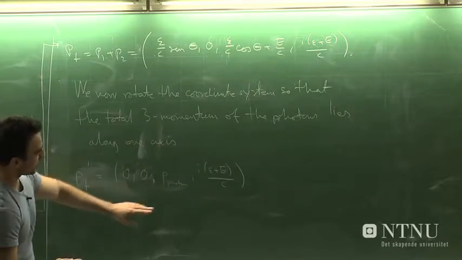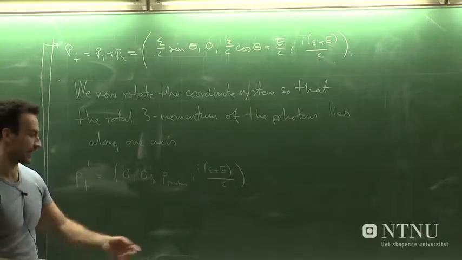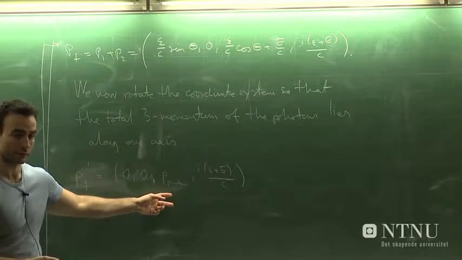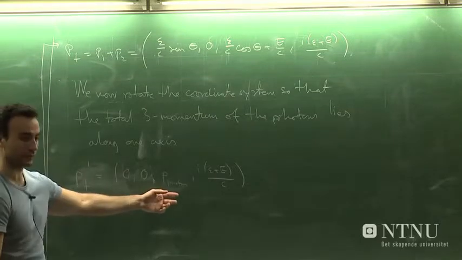So I assume that I've rotated it so that the total combined three momentum of the photons is now directed along the z-axis. So the question is now, what is p photon in this system? How can we identify what p photon is?